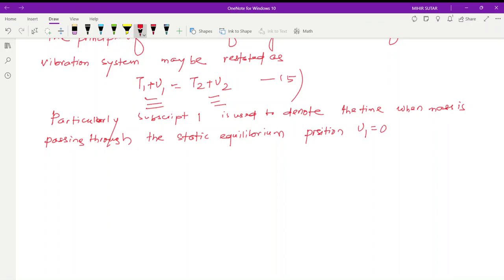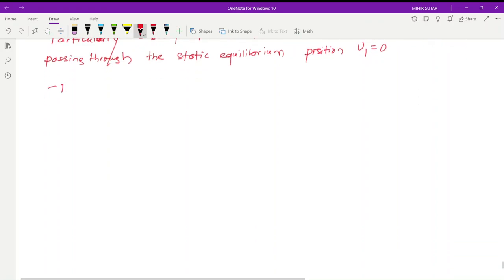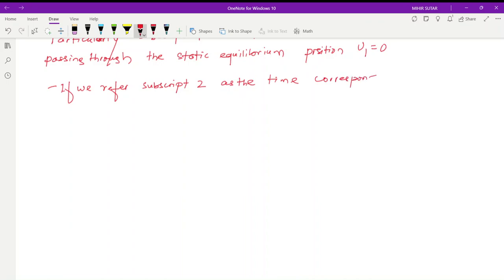So if we refer to subscript 2 as the time corresponding to maximum displacement of mass, we have the kinetic energy T2 will be 0.